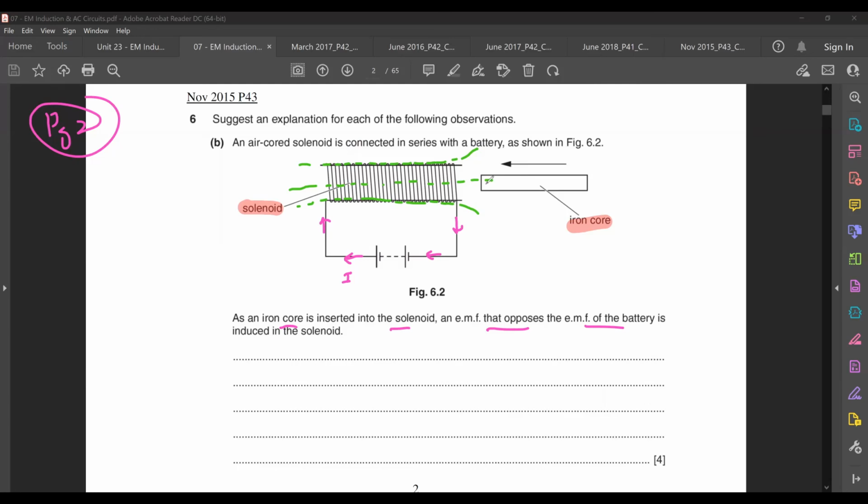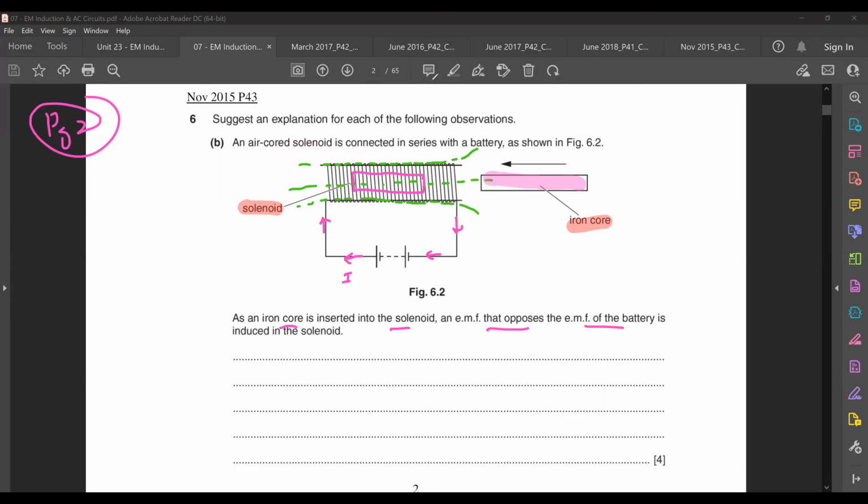So right now, say for example, you have your iron core. You go and push your iron core inside here. When you push your iron core inside, just now earlier I mentioned that it has the effect of strengthening your magnetic field, right? So the moment you push your iron core inside, you're going to cause the magnetic field to strengthen.